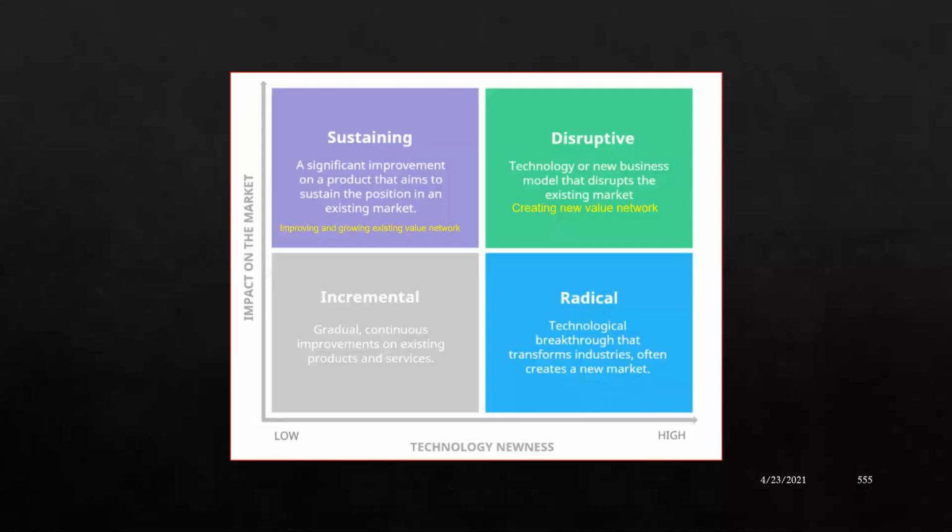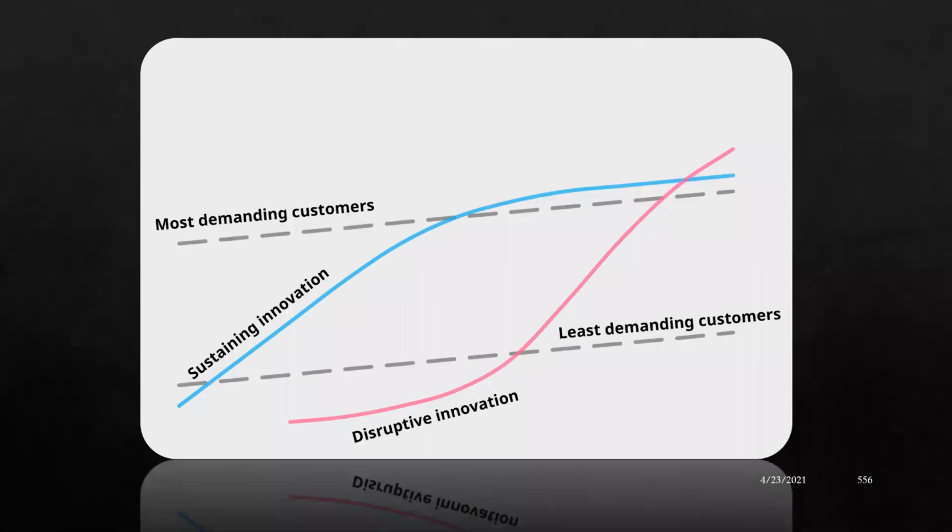So we call it disruptive innovation. Otherwise, if you increment slowly, step by step, on your technologies and continue to influence the market a little more again and again, then we call it sustaining innovation. So we have incremental innovation, sustaining innovation, radical innovation, and disruptive innovation, right?